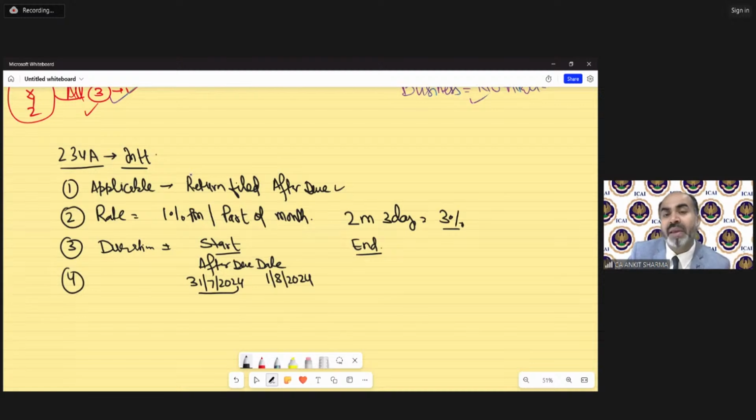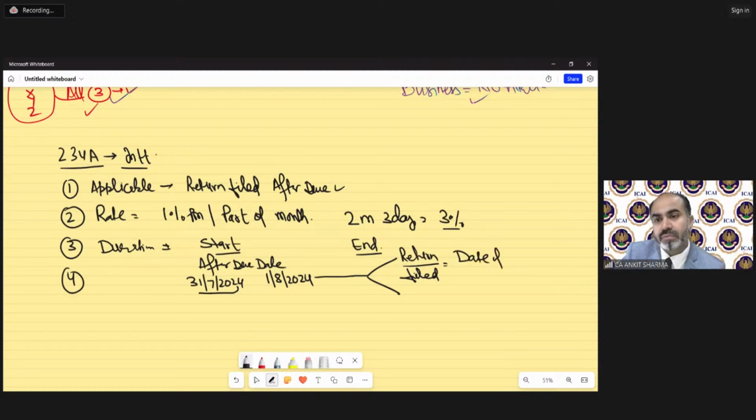Interest duration is calculated from 1st August 2024 and will end at some point. There will be two situations. If a late return is filed by the assessee, the date of filing of the return is the end. Suppose he filed the return after 3 months, 10 days; that means 4% interest will be charged.